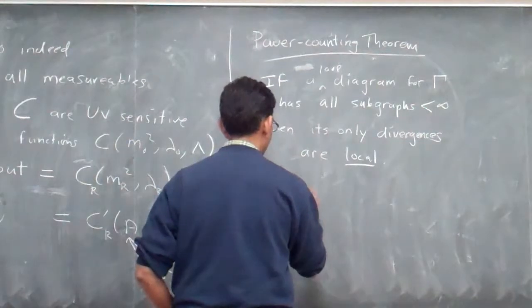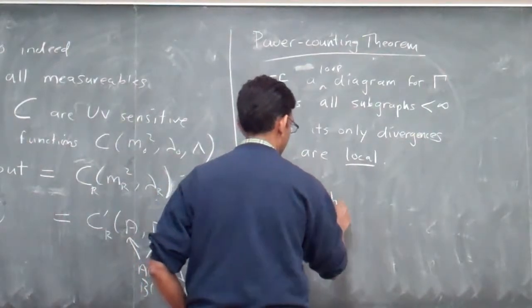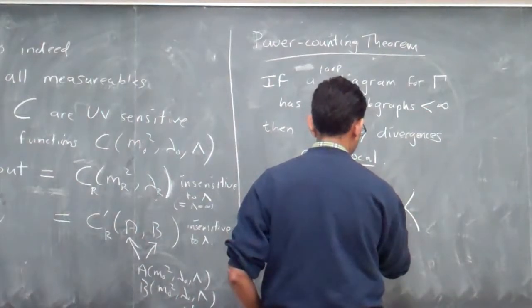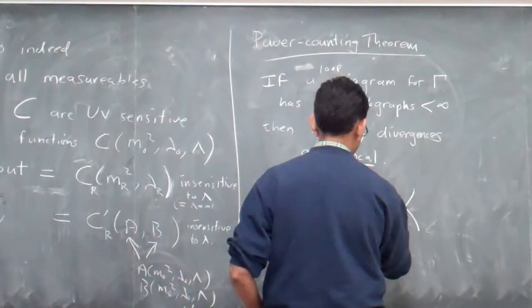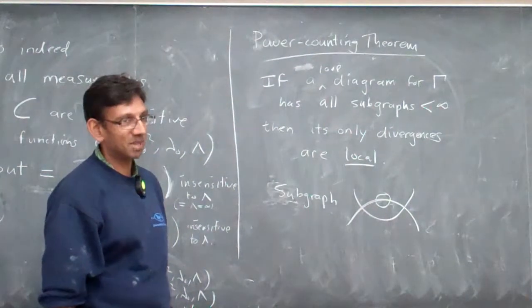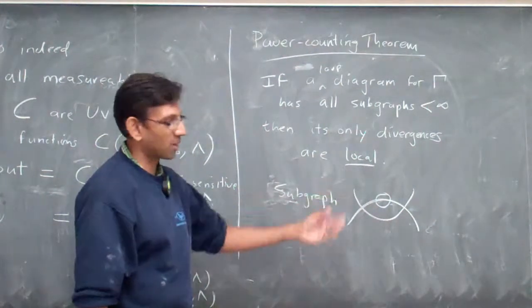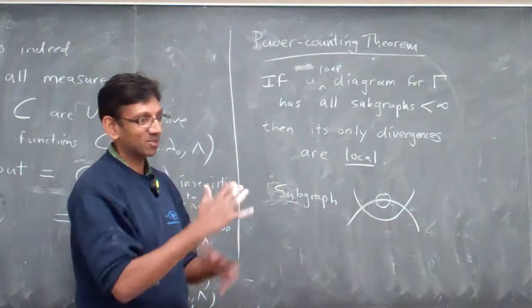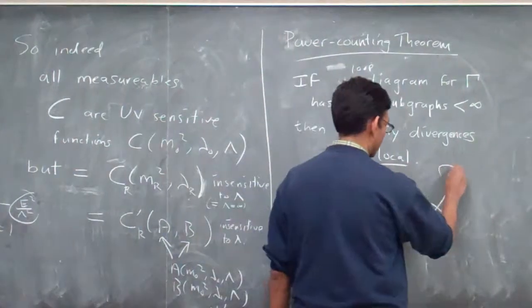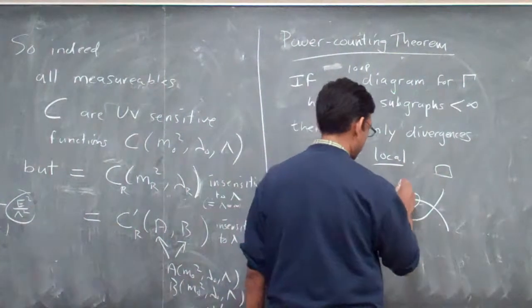What do I mean by a subgraph? A subgraph is where you just put a box on top of this and separate out something inside the box and something outside the box. There's a box. But better yet, here's a box.